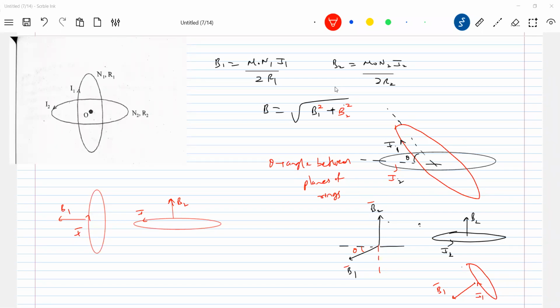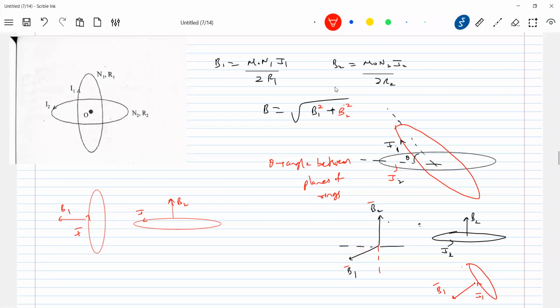See, you do one thing. Compare this with this diagram. How much should you rotate the ring I1 so that B1 bar should be horizontal? B1 bar should be horizontal. 90 minus theta. This much angle you should rotate, no? So therefore, this should be the theta.